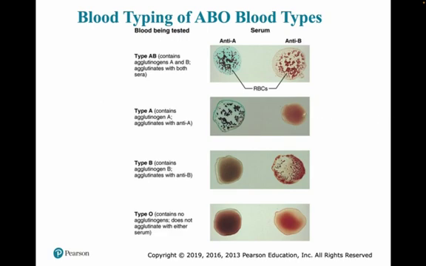Nothing will happen in B. If you give anti-A antibody to a blood group and it clots, that means the blood type is A. Similarly, if you give anti-B antibody and that blood clots, that means it is B blood group. If both clot, that means it is AB. And if nothing clots, that means it is O.